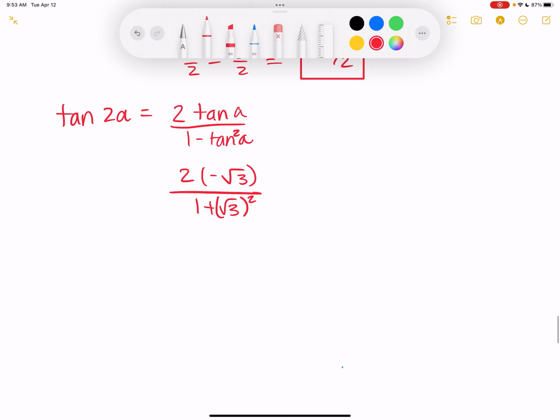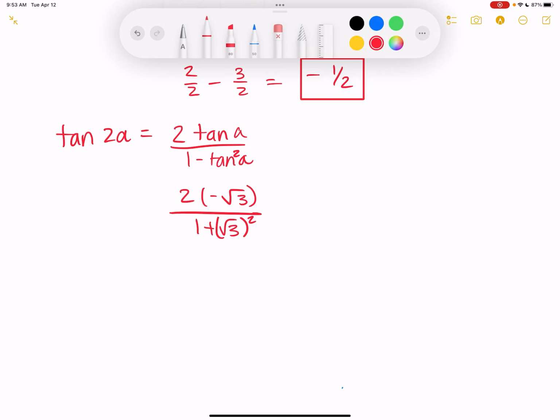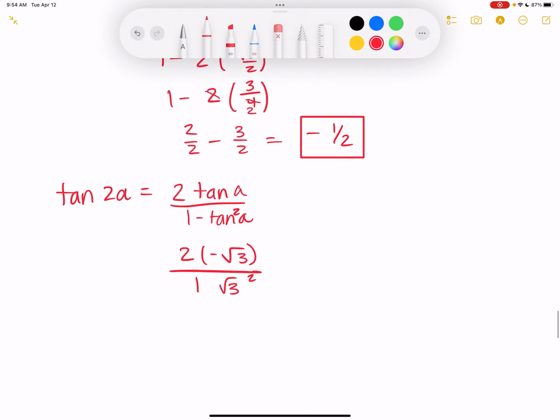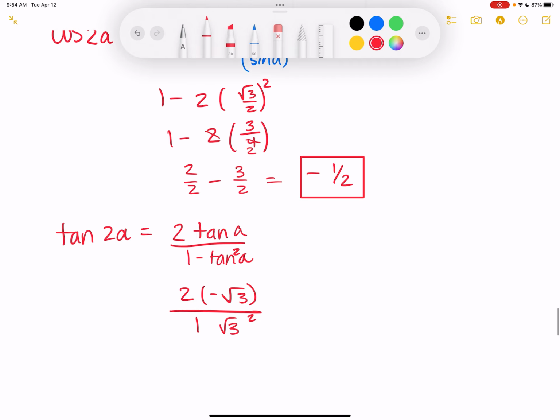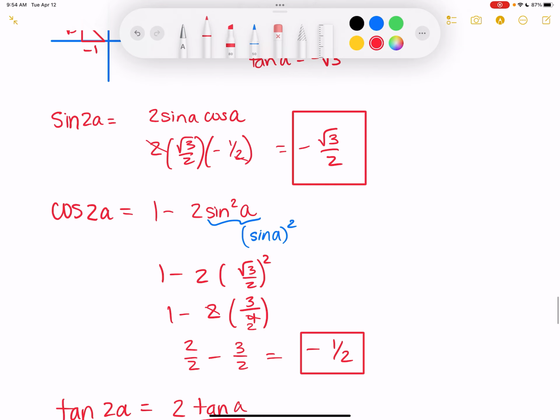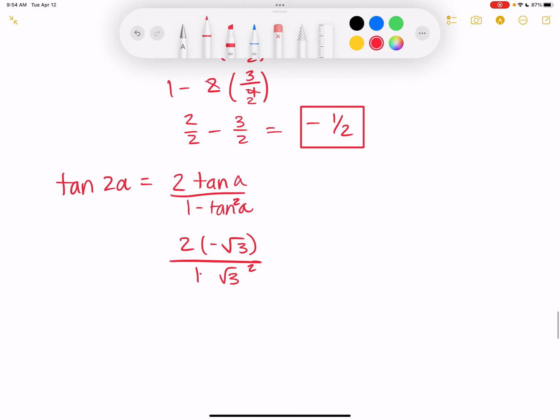And actually then, hold on, we have to fix sine on this one too, right? No, I don't think so. Hold on. Our tangent value was negative root 3, so it's minus parentheses negative root 3 squared, so it's going to actually be minus now.